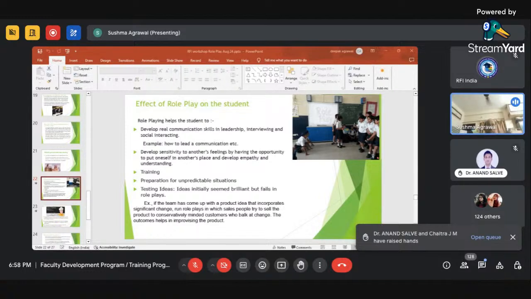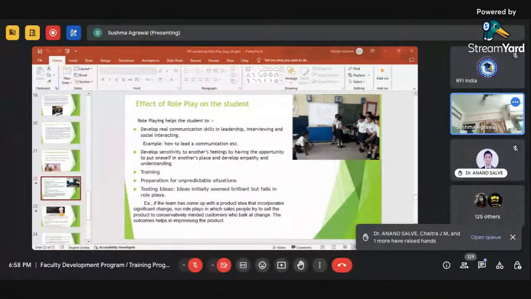But once they become part of the control room, somehow or sometime, they can understand the real importance of the work to be carried out, because control room duty is not 3 hours, it's a full-day activity and may even require working on off days. So this is how role play helps in developing sensitivity.